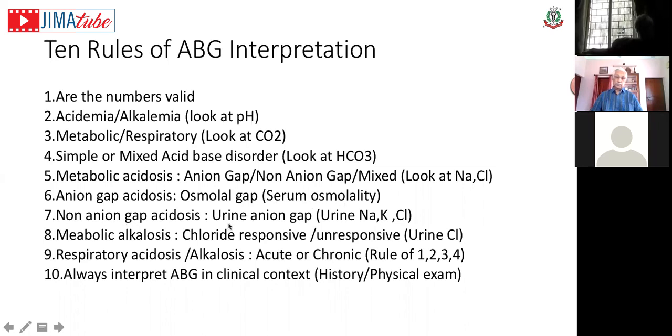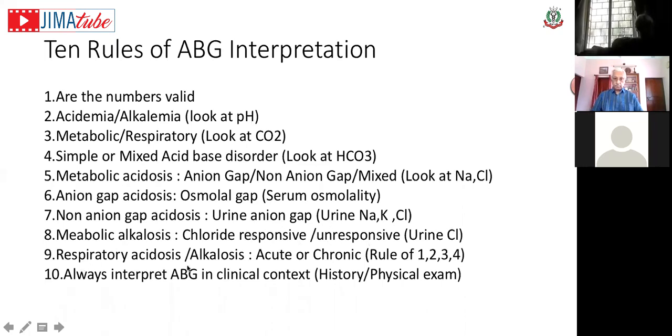In non-anion gap acidosis, you should always look at the urine anion gap by looking at urine sodium, potassium, and chloride. In a case of metabolic alkalosis, you should look at urine chloride to see whether it is chloride responsive or unresponsive.